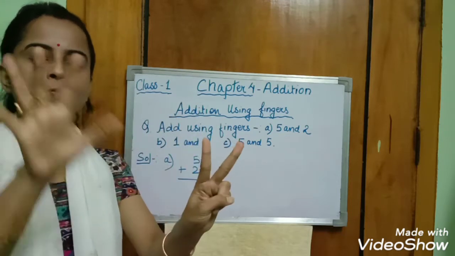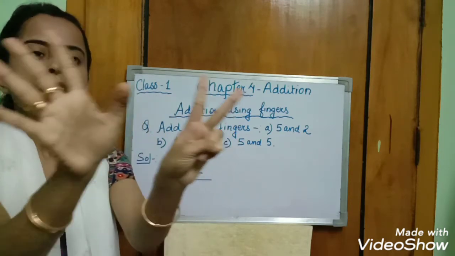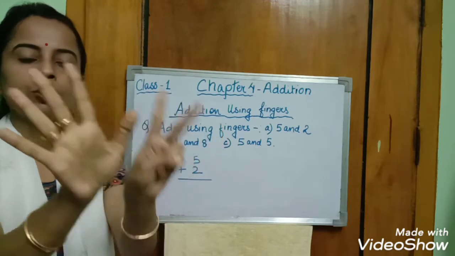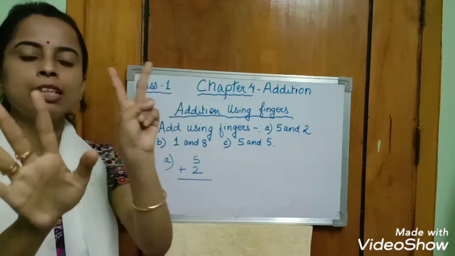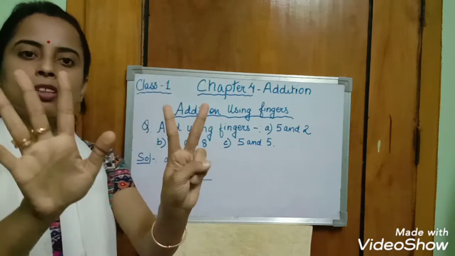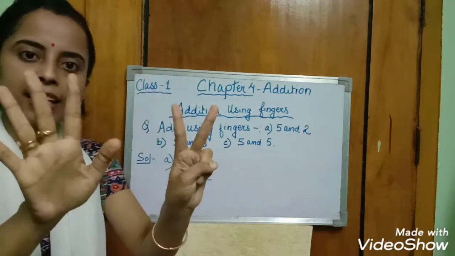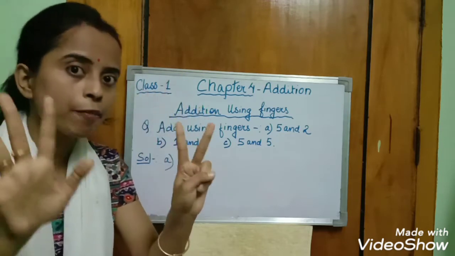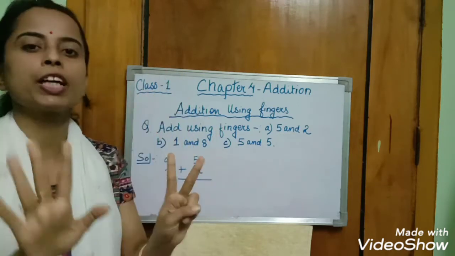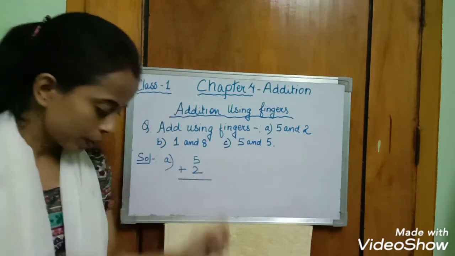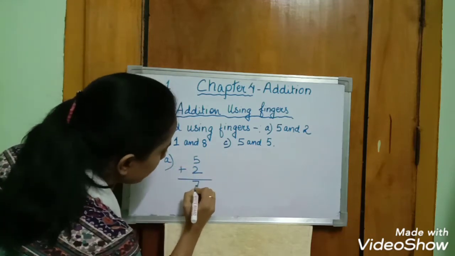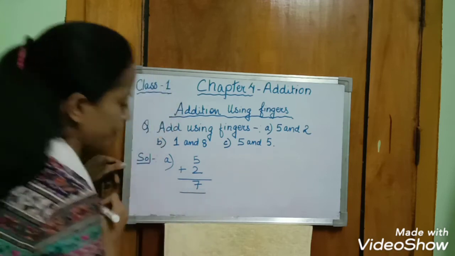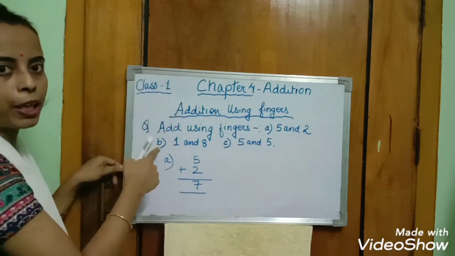What is the total? Add it up. 1, 2, 3, 4, 5, 6, 7. So the answer is 7. Clear, children? I have added by using fingers. 5 plus 2 is 7.